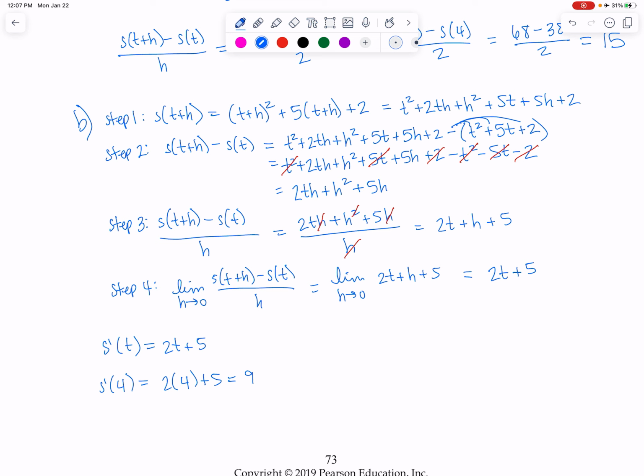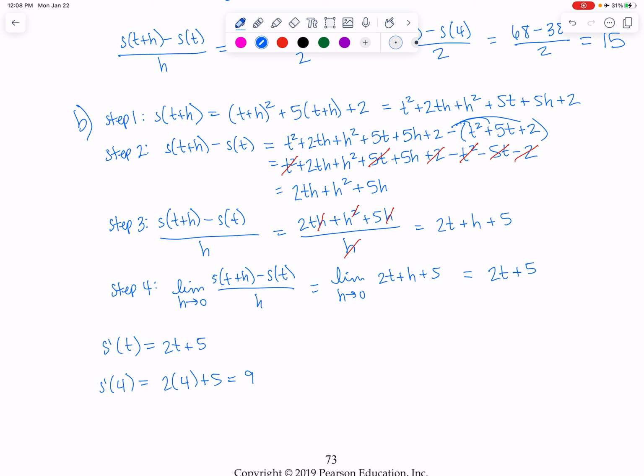And what does that mean? Well, we plugged in t, which is time. And it gave us back what the rate that its distance is changing.